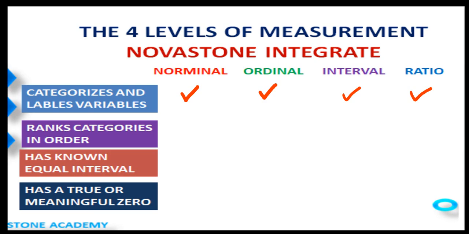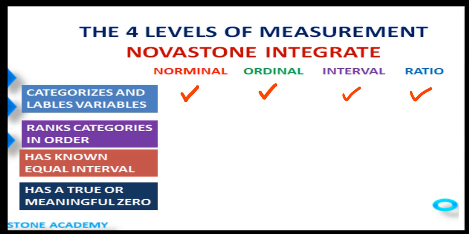Like we said, in terms of marital status, someone can either be single or married, but can you rank that? Someone's gender, can you rank someone's gender? Okay, you can't do that because it's just male or female, so we don't have that.